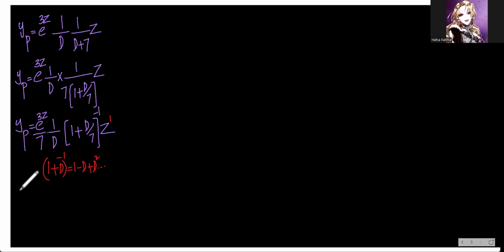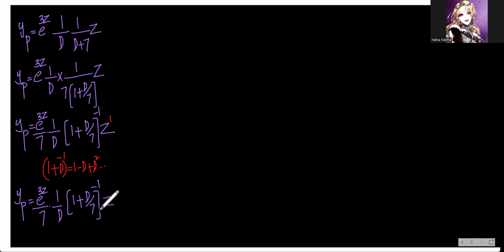yp is equal to e power 3z by 7 into 1 by d into, this if you bring to the numerator, 1 plus d by 7 raised to the power of minus 1 into z.